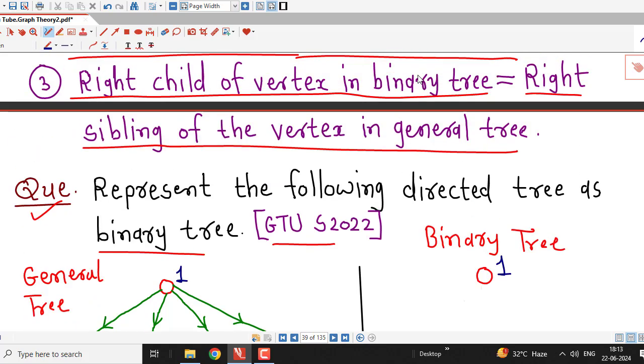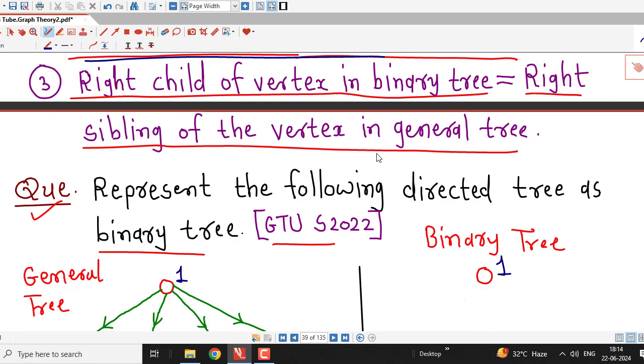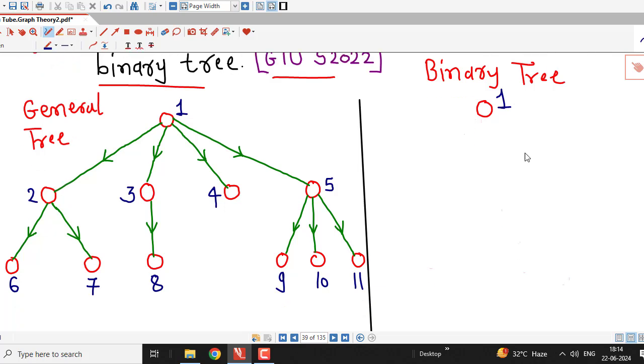Now we use this formula that the left child of a vertex in a binary tree is the leftmost child of the vertex in the general tree. So first we are interested in the left child of 1 in a binary tree. We will look for the leftmost child of 1 in the general tree.